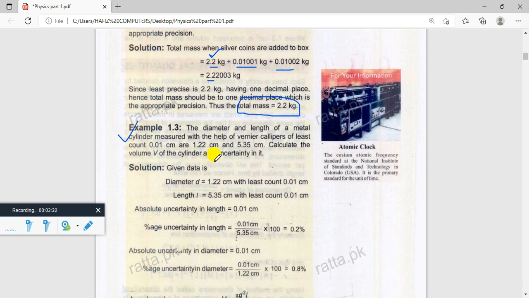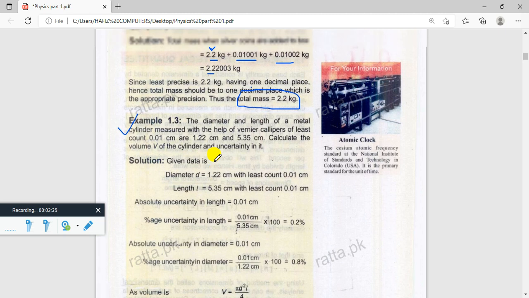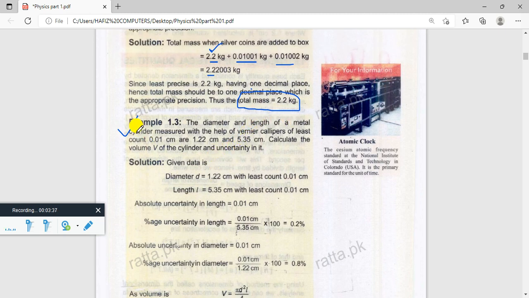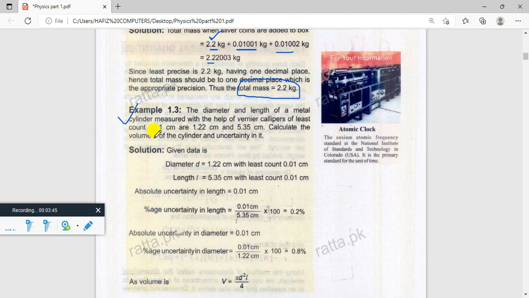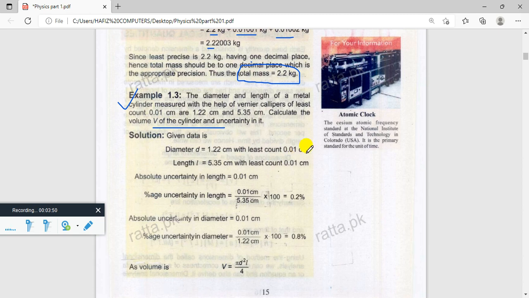The length and the diameter of a metal cylinder are measured with the help of a vernier caliper of least count 0.01 cm, and are 5.35 cm and 1.22 cm. Calculate the volume of the cylinder and the uncertainty in it. We are given the data with least count 0.01 cm.